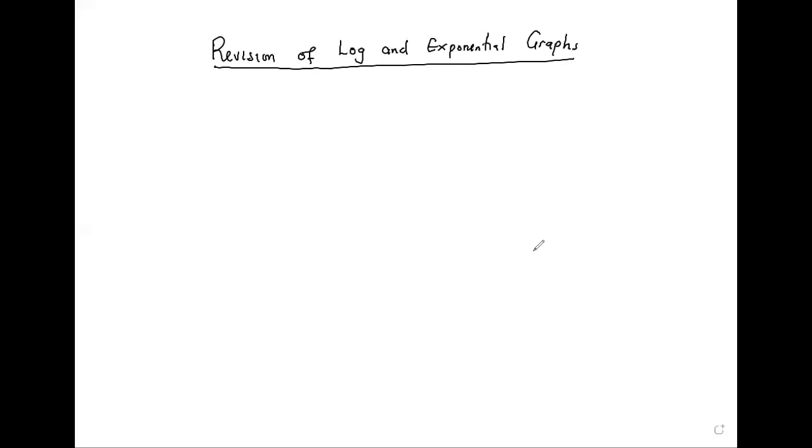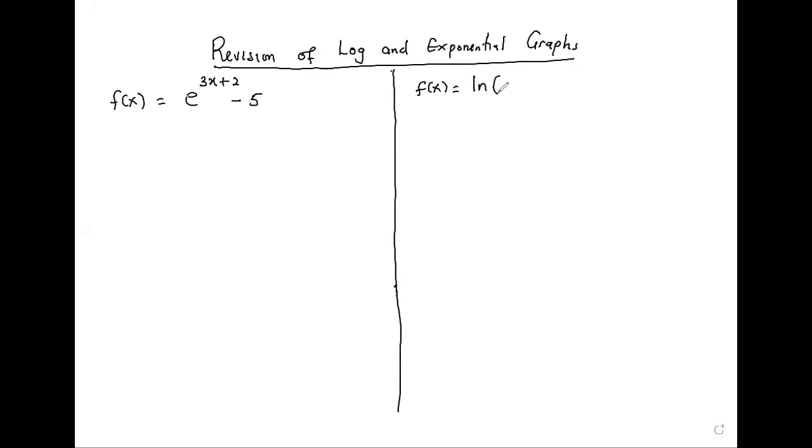So these graphs we do on this side for exponential. So if f of x is equal to e to the power 3x plus 2 minus 5, and this side will do f of x is equal to ln 2x minus 3 plus 4.